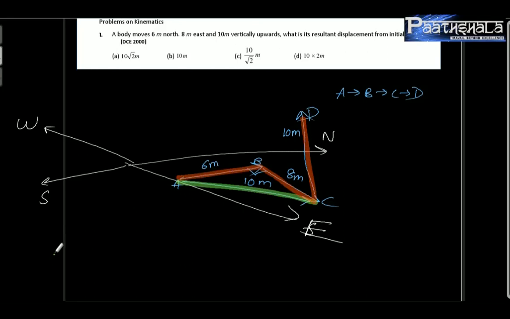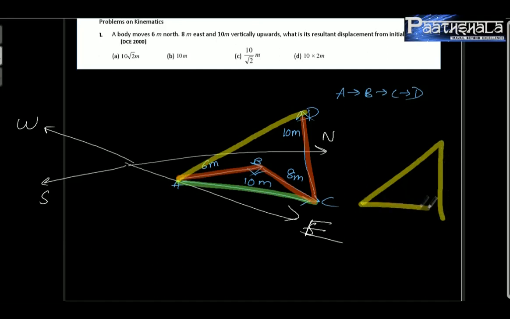Now, if we only look at triangle ACD, what we'll see is this is 10 meters and this is also 10 meters. So this has to be 10 root 2, according to Pythagoras theorem, this is 90 degree. This is the answer. A.